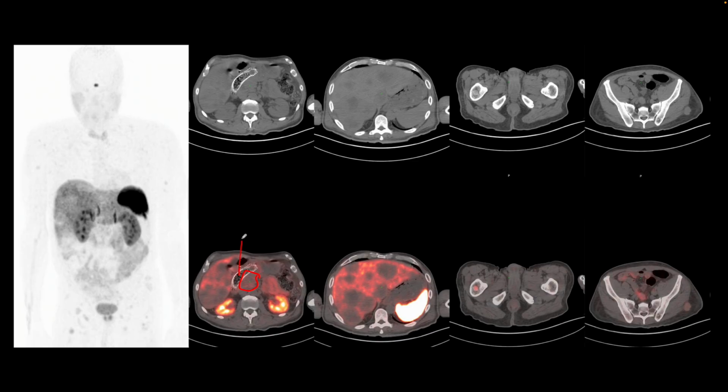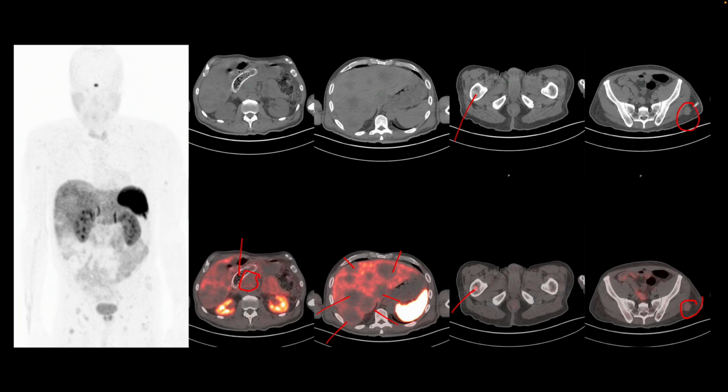A stent has been placed so that food can pass without any obstruction in the region of the tumor. Further images show that there are multiple tumors in the liver that do not take up DOTATATE. There is a focus of bone metastases, sclerotic focus with mild uptake in the right proximal femur, and there is also a subcutaneous tumor deposit seen in the left buttock.